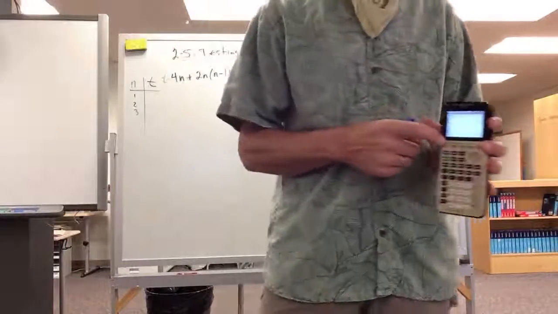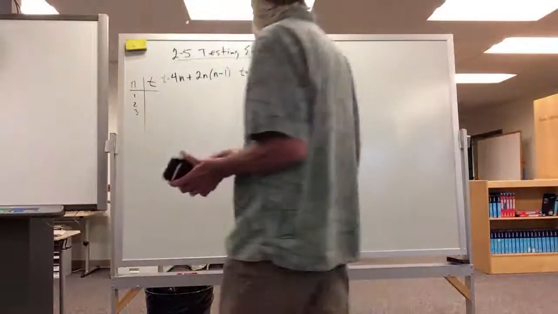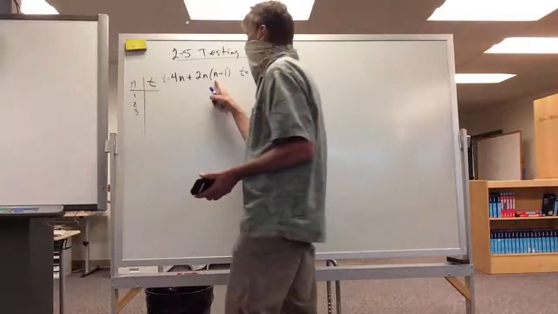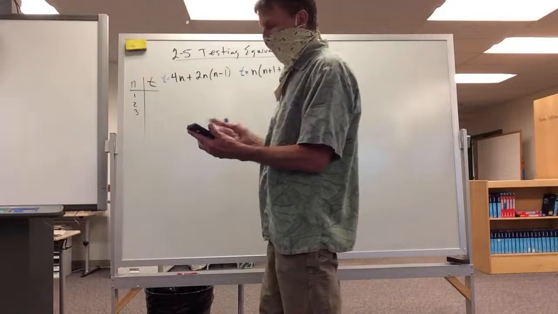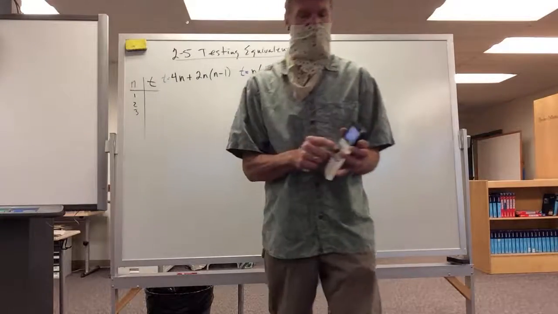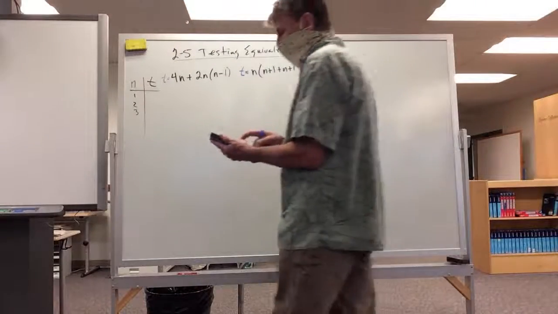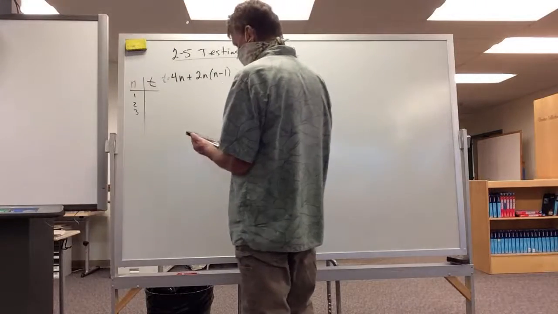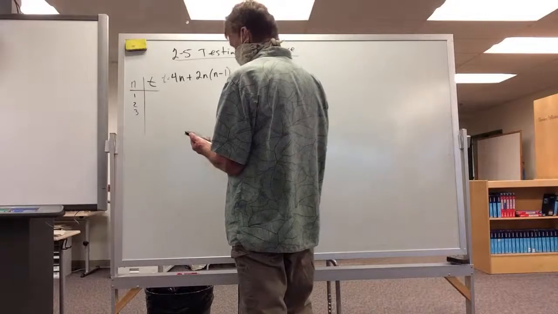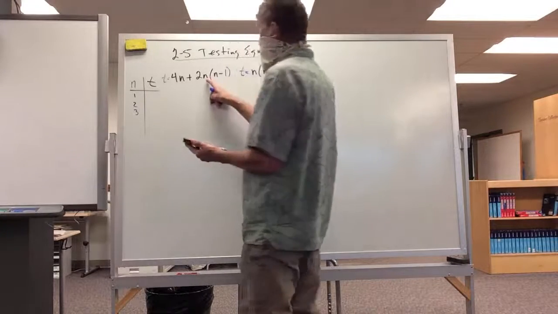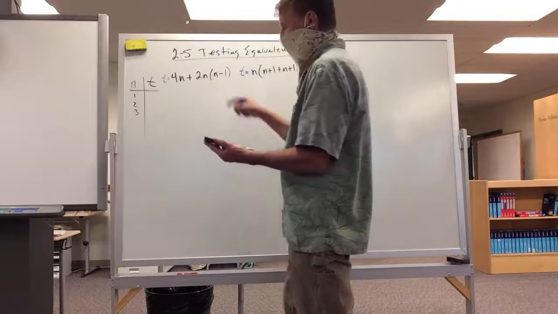You have everything cleared? Okay, so let's enter this one here. Make sure you put in your parentheses. So now instead of n, we're going to use x from the X,T,theta,n key towards the top next to the alpha key. And you don't have to put multiplication in here. You can just do 2x in parentheses.